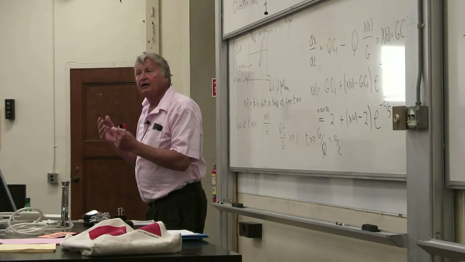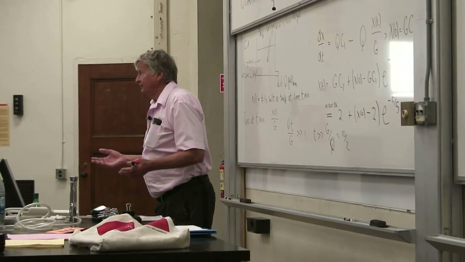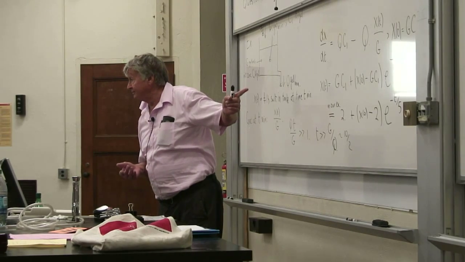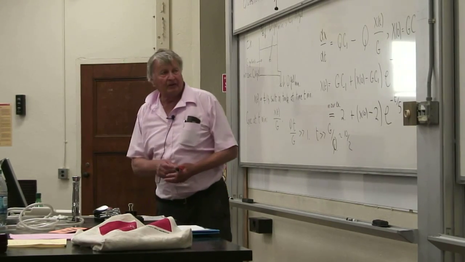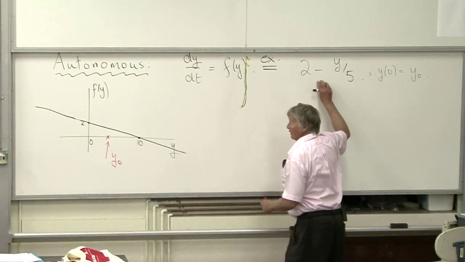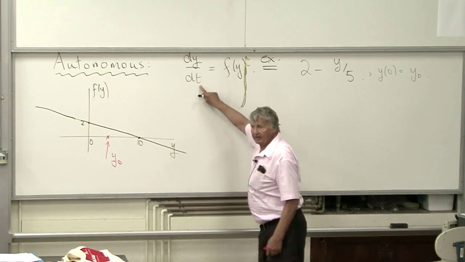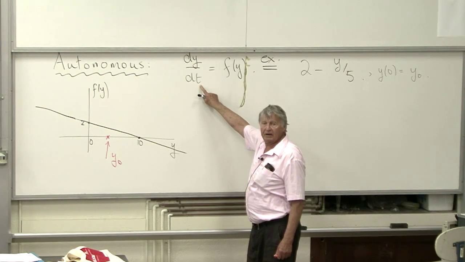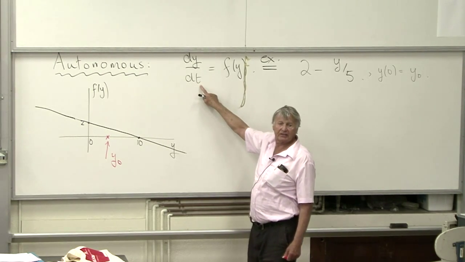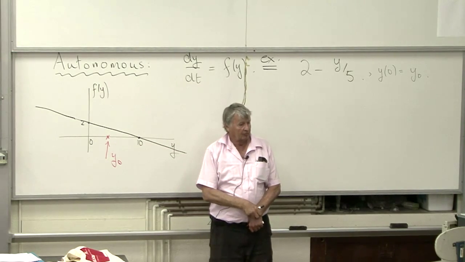Positive. How did you know it was positive? You look at the graph, right? So, if you know that this guy is positive at y0, what is the sign of the rate of change of y, dy by dt, at y0? Positive.